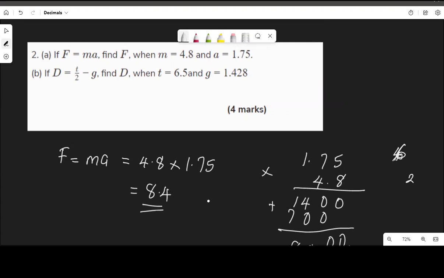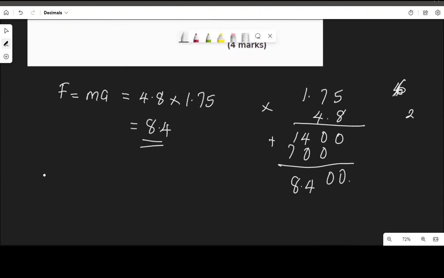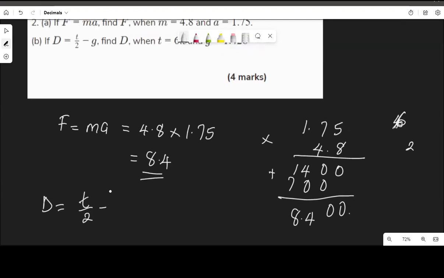Then B says, if D is T over 2 minus G, find D when T equal to 6.5 and G equal to 1.428. So first of all, D equal to T divided by 2 minus G. And T is, what is it?